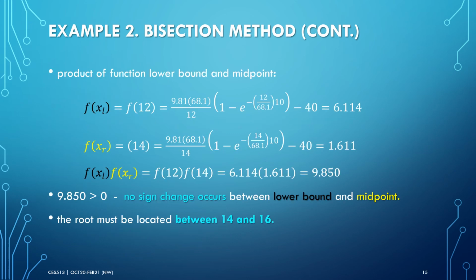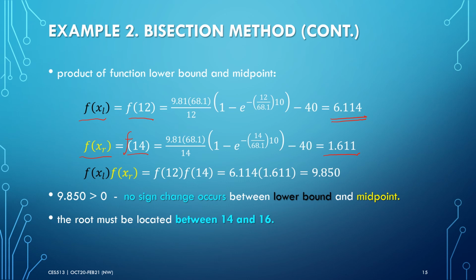Next, we compute the product of the function at the lower bound and at the midpoint. For the function of the lower bound, substituting x equal to 12 into the equation, we get 6.114. And the function of the estimated root, which is 14, we get 1.611.